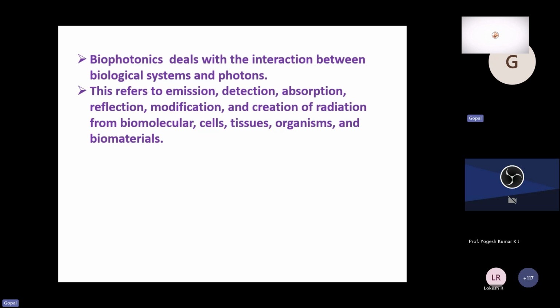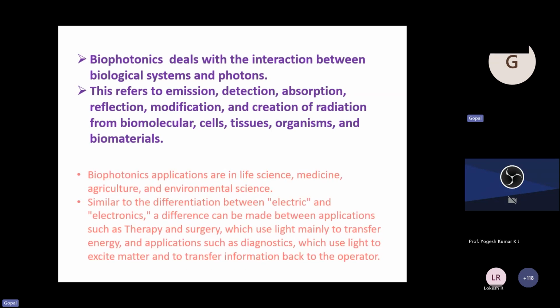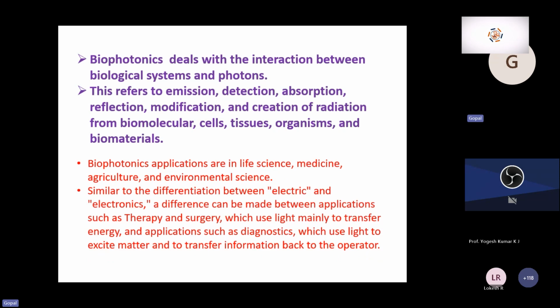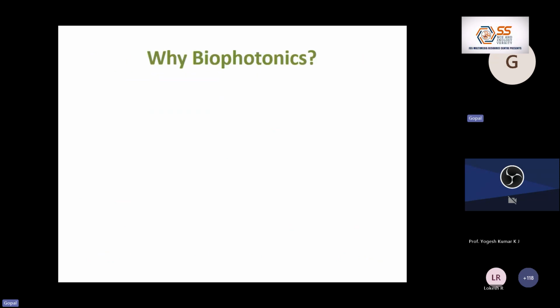You need some materials that will respond, so that you can detect them with optical techniques. Recently biomaterials are connected to nanomaterials because you have to go to the cell level, and the best way is through nanomaterials.